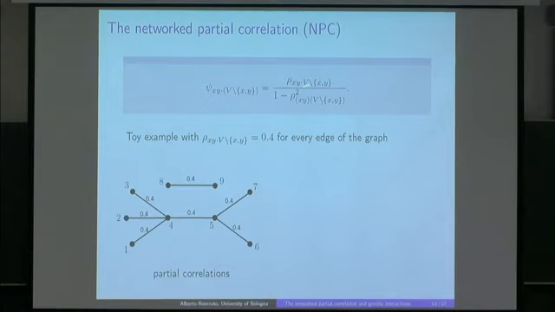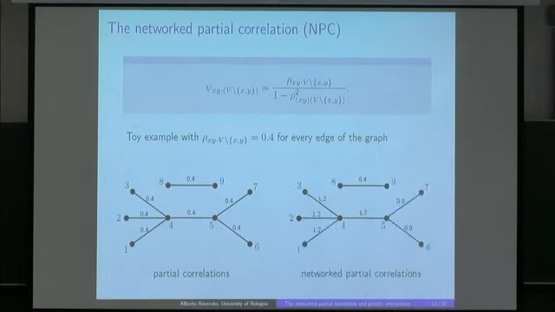So just to give a very toy example of what's going on here, we can, for instance, consider this graph here, and a variance covariance matrix such that all the pairwise partial correlations are equal to 0.4. This gives a valid, positive definite variance covariance matrix, and these are the weights associated to the edges. And of course, all the edges are on an equal footing, they have the same value.